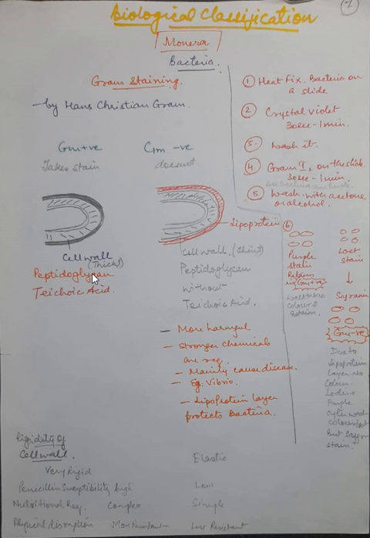When the color reaches down here, it also takes the stain, but when it is washed, the lipoprotein layer, since it does not retain the color, washes off. On this basis, since the peptidoglycan retains the color in gram positive, the name gram positive is given.